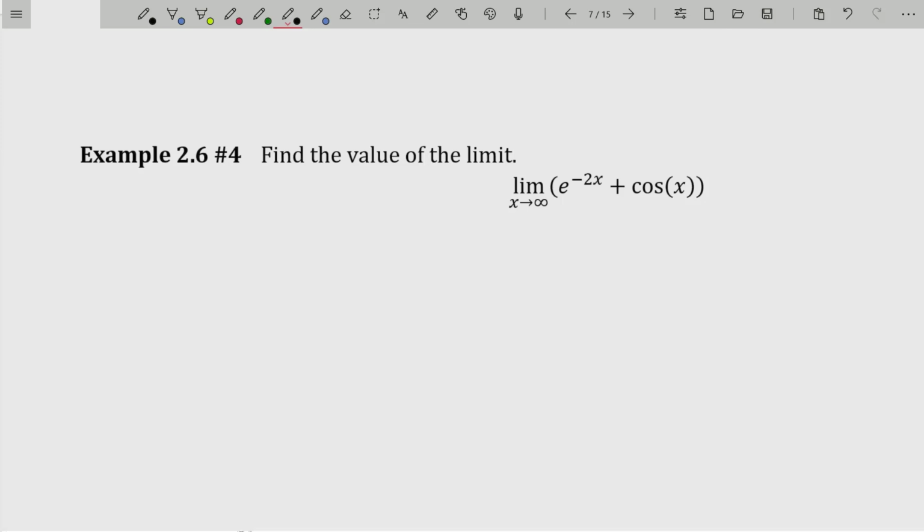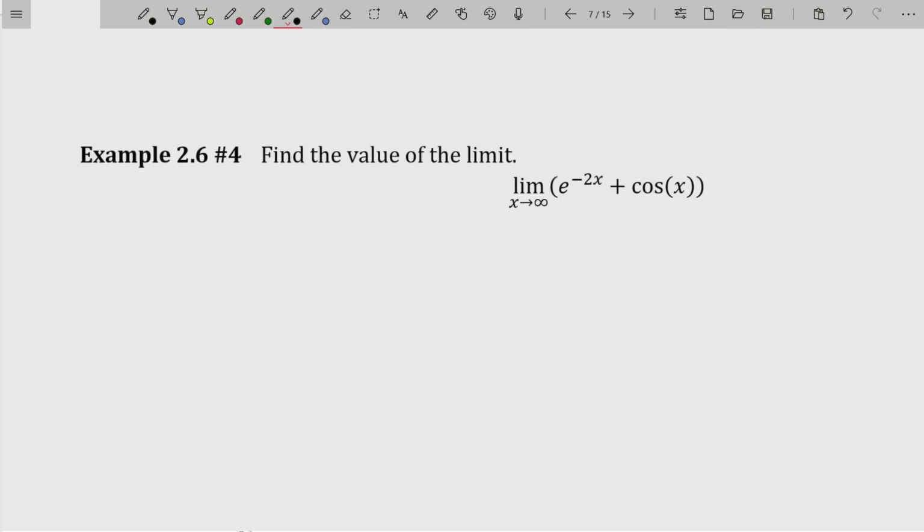Naturally, I think most people are going to say, well, this limit does not exist because the first piece tends to 0 and the second piece just does not exist. It keeps wiggling forever. But if you make that argument, you're essentially saying I'm splitting the limit, and you can't split that limit.